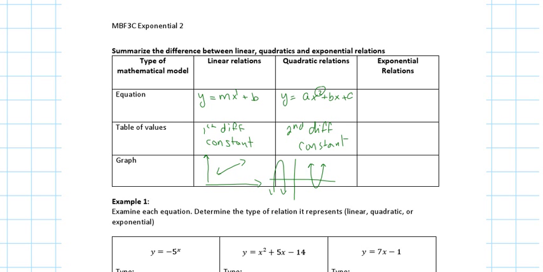Now with the exponential relation, your equation is going to look like this. Y equals a number, which is your base, to the power of x. It's always a letter which is going to be your variable. The base is going to be a number. In the table of values, what would be constant? The ratio. And how would the graph look?